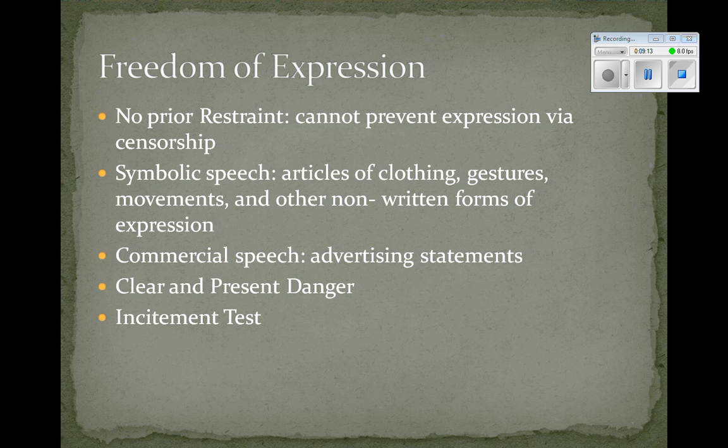So if you're expressing yourself in such a way that it presents the inevitability of there being some sort of act that does harm to the public or the government, if they can prove that there's clear and present danger posed to enact some sort of issue or danger to the public, in that case, then the government, the police, they can step in and arrest someone if they can prove that they're enticing some sort of violence. And that goes along with the incitement test.